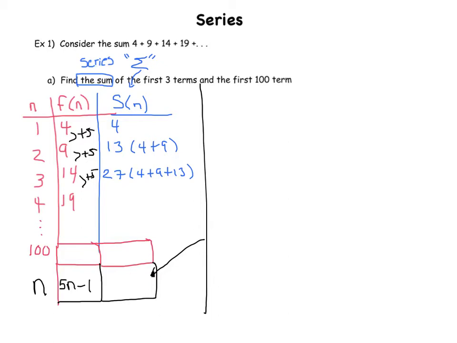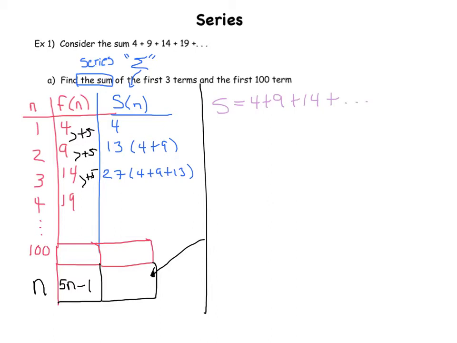Let's remind ourselves of what Gauss's method said. The sum of the first n terms would be, in this case, 4 plus 9 plus 14, all the way up to 5n minus 1.